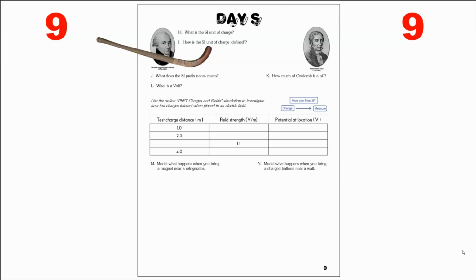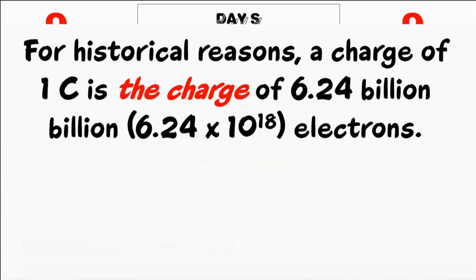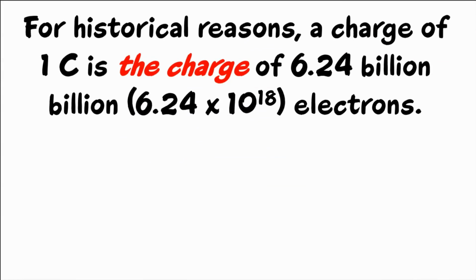It's not something I can say, look, here in my hand is 1 coulomb of charge. We won't be able to say, show me 1 coulomb, as you did with show me 1 meter. So the coulomb is defined as the charge of 6.24 billion billion electrons. Now, it's important to distinguish the charge of.